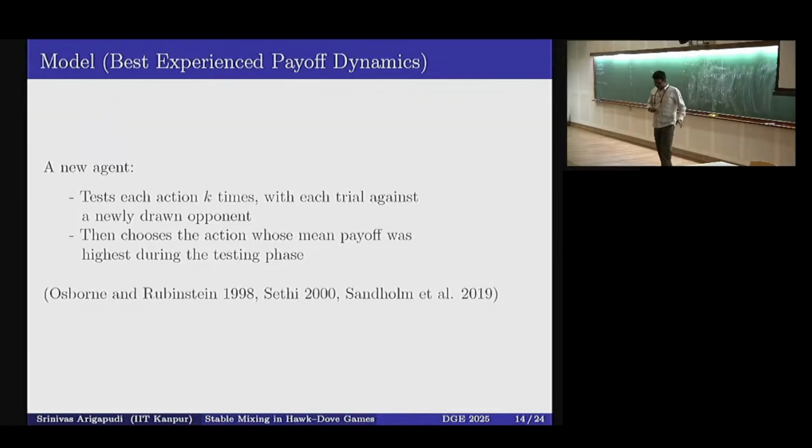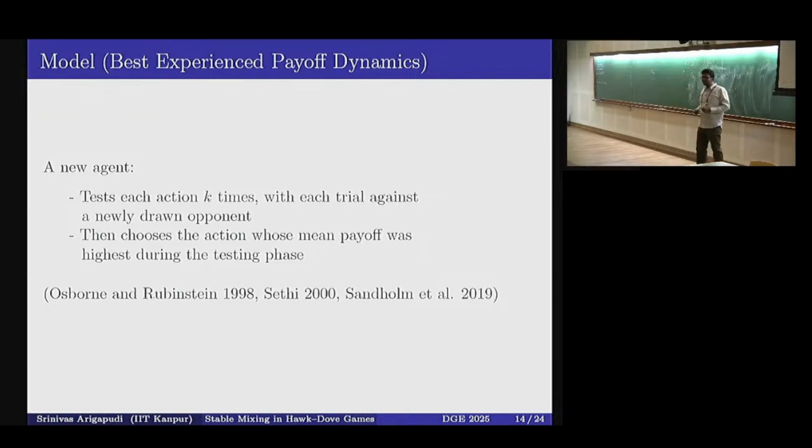Now we'll consider the best experienced payoff dynamics. Here we are making an extreme assumption about a new agent who enters the population. Earlier we said that the new agent knows both the underlying game which is being played and also the population state.